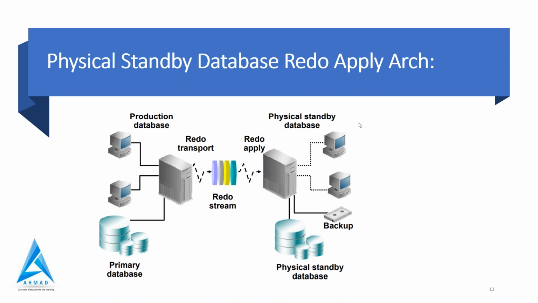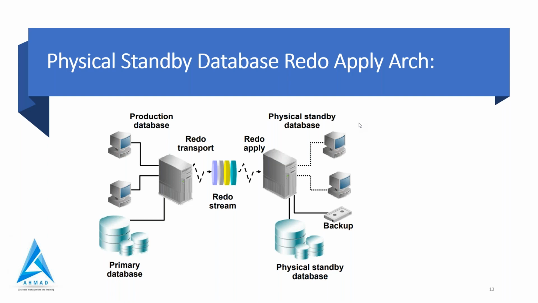From 12.1 the maximum number of destinations is 31. One is used for local archive and the remaining 30 will be used for standby databases. And there is a mechanism called Far Sync, a different concept to perform better in Data Guard. These days DBAs use this concept also, so I will cover it later on.